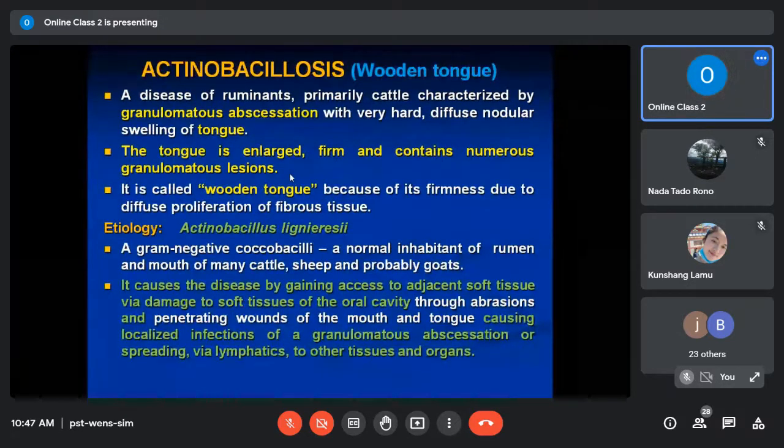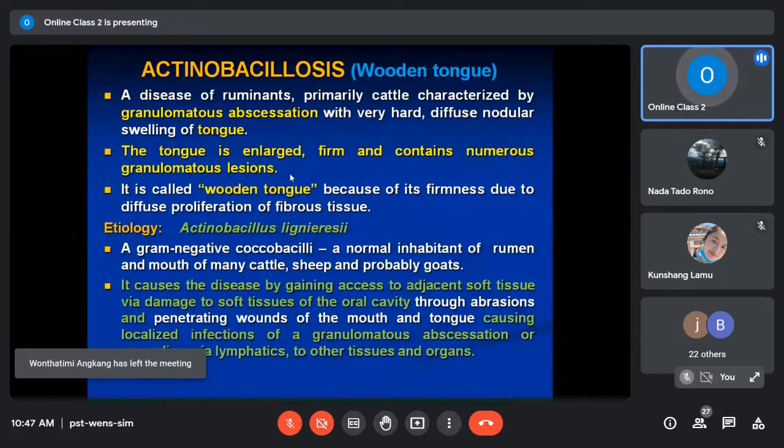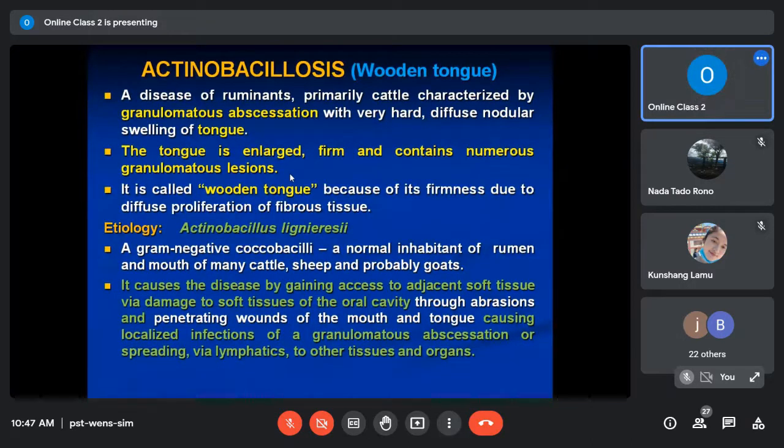This affection of the tongue shows very hard and firm content because of the granulomatous, chronic abscess lesions. Because of this, the disease is commonly called wooden tongue, caused by Actinobacillus lignieresii.